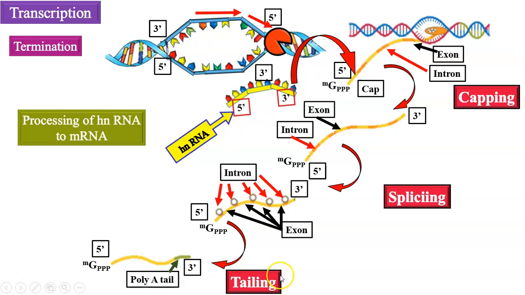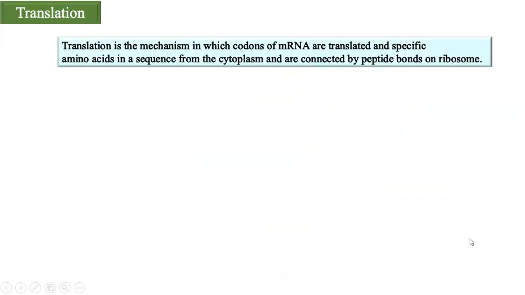And thus the tailing also gets over and now it is fully processed heterogeneous nuclear RNA called messenger RNA. Once the messenger RNA is formed, it moves out of the nucleus and goes into the cytoplasm, and the next process of protein synthesis, that is translation, occurs.